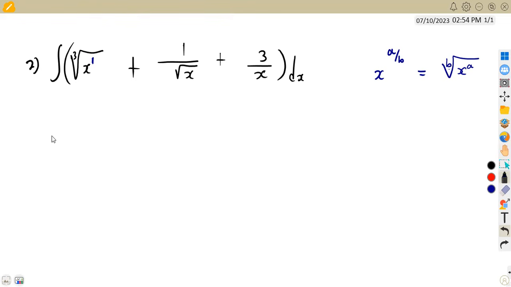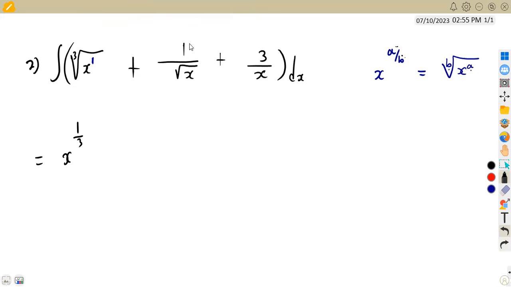So we are going to have a over b as a fraction. So we're going to have x to the exponent of 1 over 3 in this case.